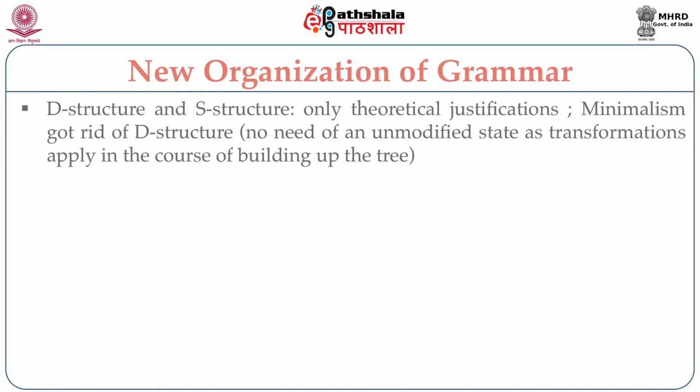In the previous module, we saw that D structure and S structure only have theoretical justifications that are keeping them alive. Minimalism got rid of D structure because we saw that there is no need of an unmodified state like D structure in which the structure was intact and only later on transformations applied to it, because in minimalism transformations apply in the course of building up a tree.